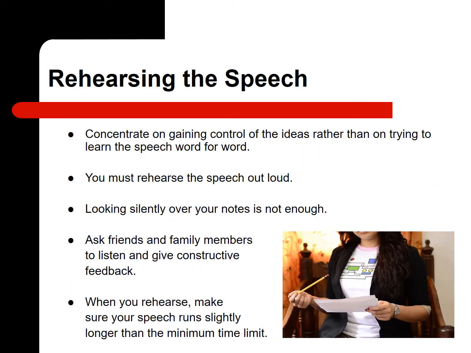Once you know your topic really well, the next step is to rehearse the speech. And we are going to rehearse in class. So kind of look at your neighbors and get friendly with them, because they're the ones that are going to be giving you a lot of feedback before you get up to actually do your speech in class and present in front of everyone. As you are rehearsing, your focus is getting control of what you want to talk about so that you will stay on topic.